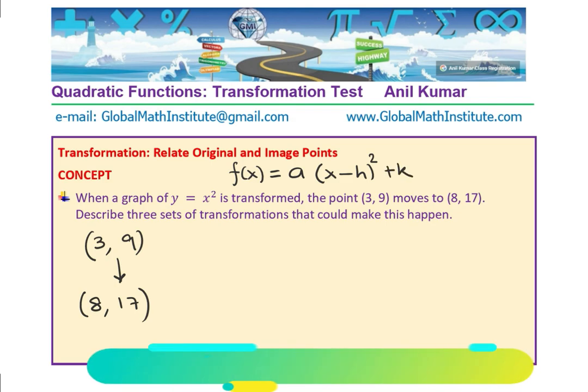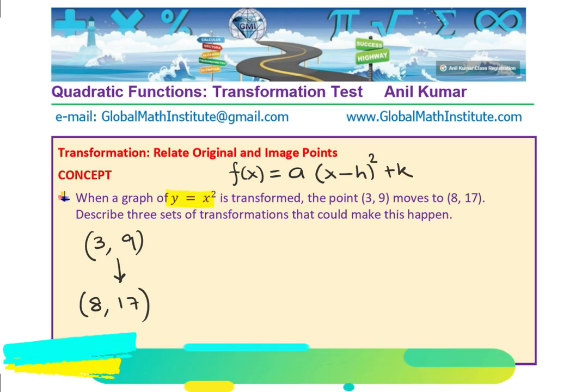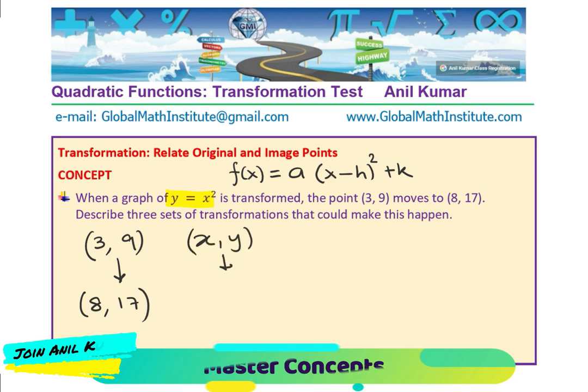This is because the parent function is y equals x squared. In that case, the transformation is from (x, y) to what? The x value is increased by h, and the y value is multiplied by a and then increased by k. Of course, when k is negative, it will be decreased.